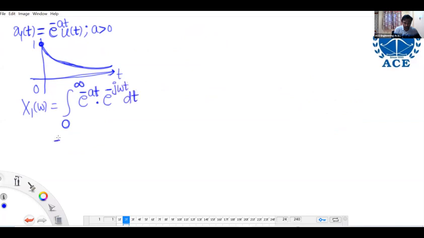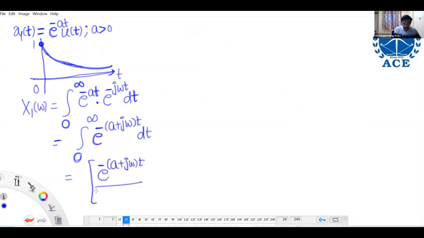Further it is taken as integral 0 to infinity e power minus (a plus j omega) t dt. So it is simplified as e power minus (a plus j omega) t divided by minus (a plus j omega) over the limits 0 to infinity. Substitute t as infinity, e power minus infinity is 0. Substitute t as 0. So what is the answer? 1 by a plus j omega.